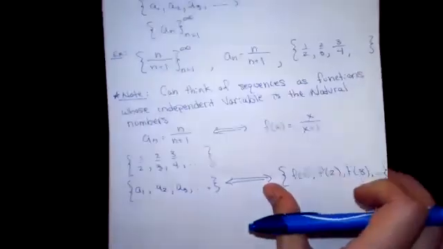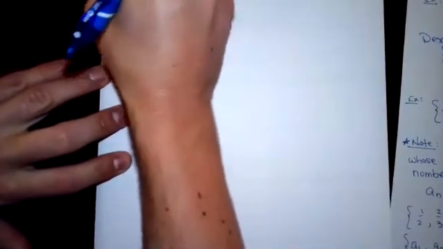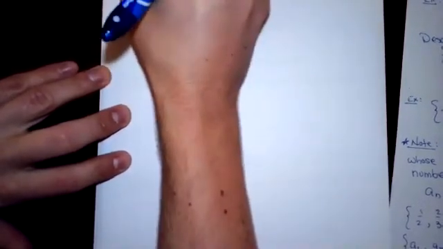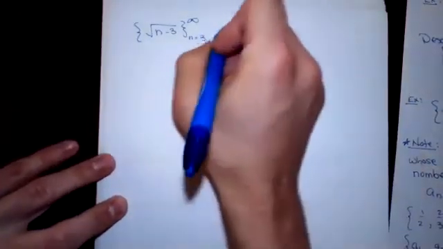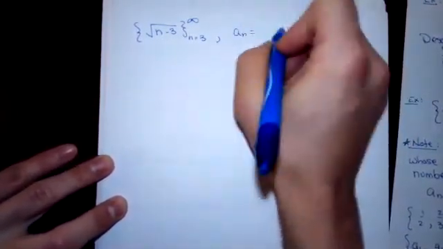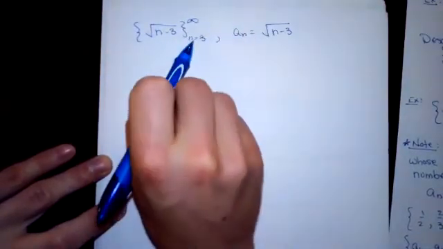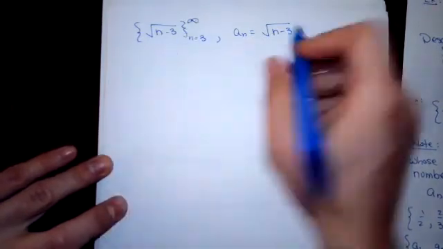Let's see a couple more examples, though. So we can do sequences like square root of n minus 3, where n now starts at 3 to infinity. This is the same as writing a function as square root of n minus 3. And then, of course, now I have maybe a different domain. My domain of inputs starts at 3 and then goes up to infinity.